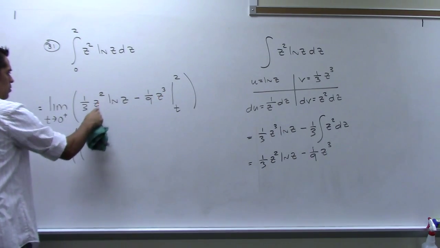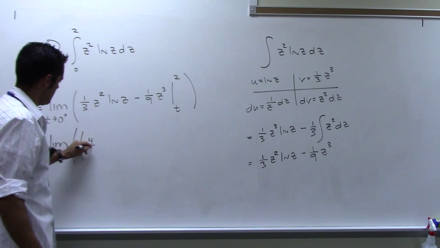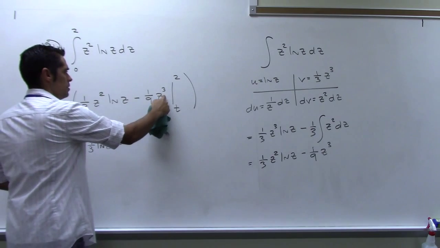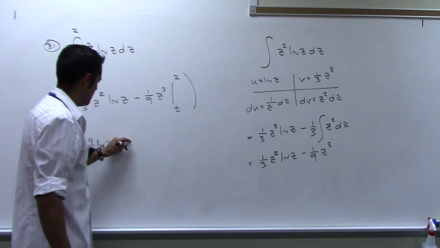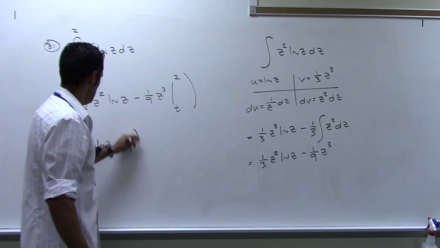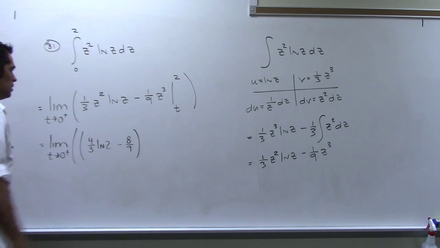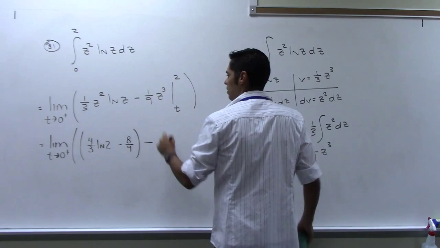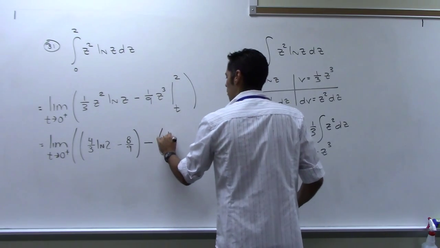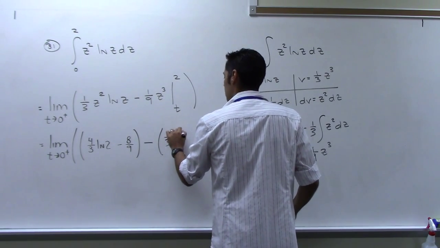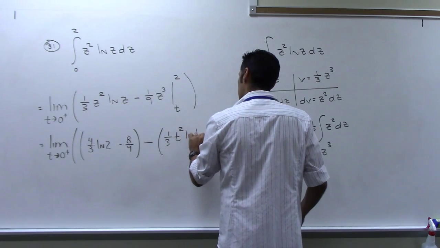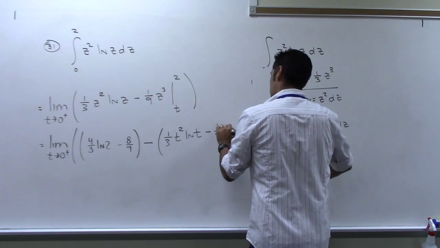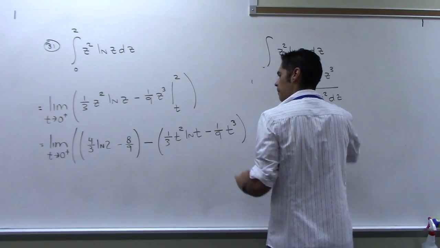So 2 squared is 4, so 4/3 natural log 2 minus, see 2 cubed is 8, so 8/9. And that's just a number. Minus, now we plug t into this, and we get 1/3 t squared natural log t minus 1/9 t cubed.